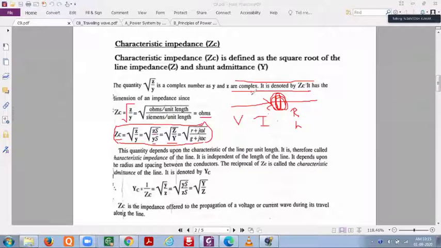This separation between the two lines gives the characteristic of capacitance. And the last one is conductance, which is nothing but leakage over the insulators or the loss due to corona. So these are your RLCG. Here I haven't said anything about the line length.